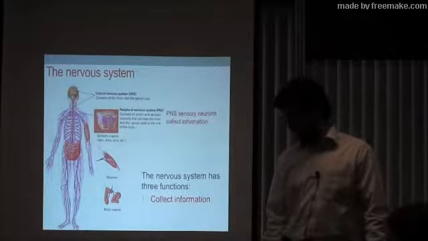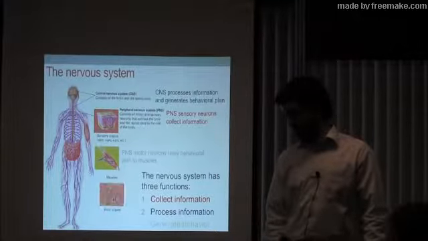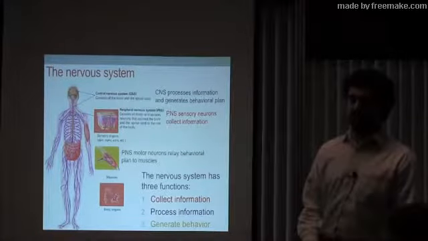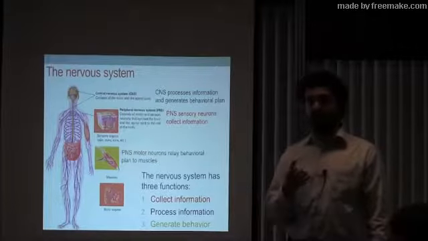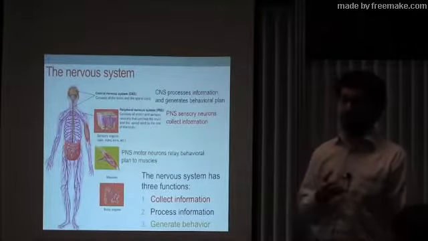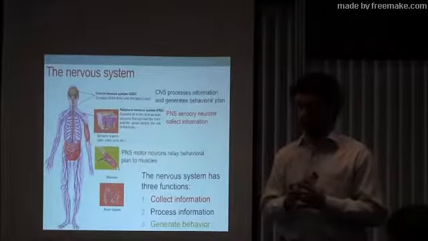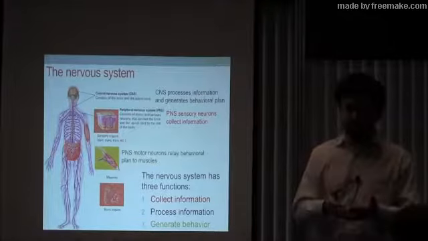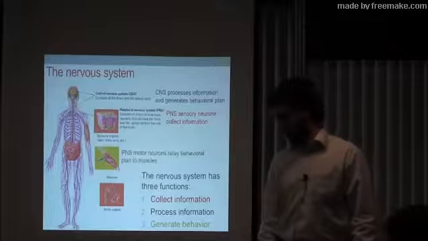So it collects information, processes information, and generates behavior. The part of the nervous system that is usually responsible for collecting information is the peripheral nervous system. The part that we really focus on in terms of processing information is the central nervous system. Only the brain? You will realize that it's not only about the brain during this lecture.